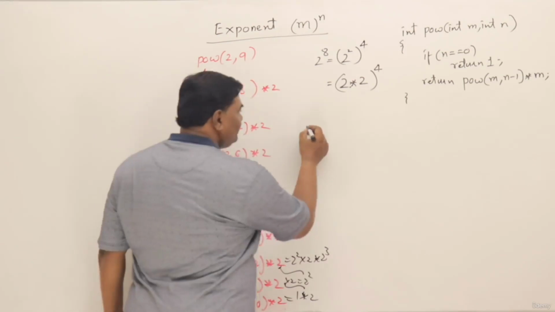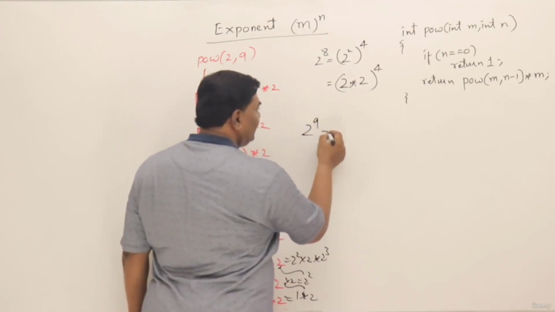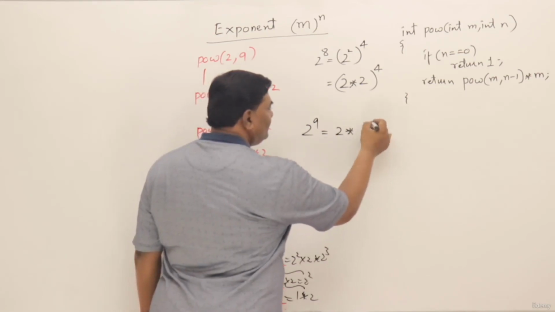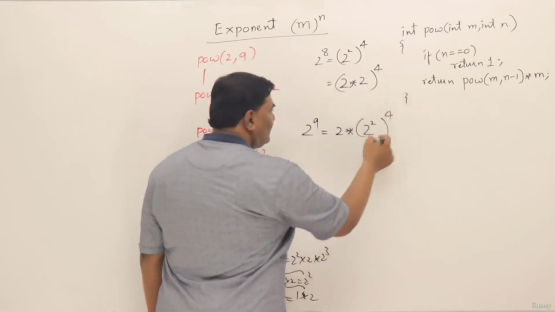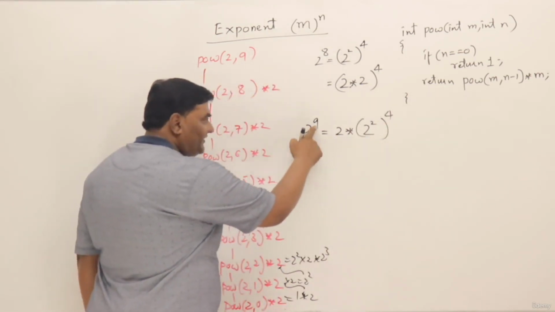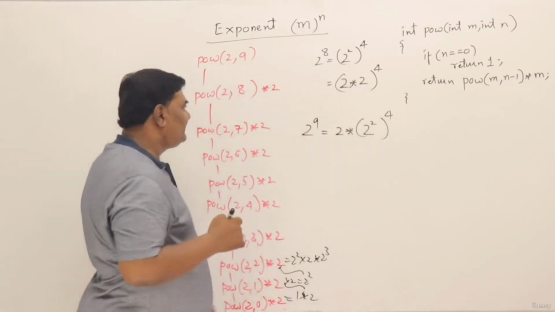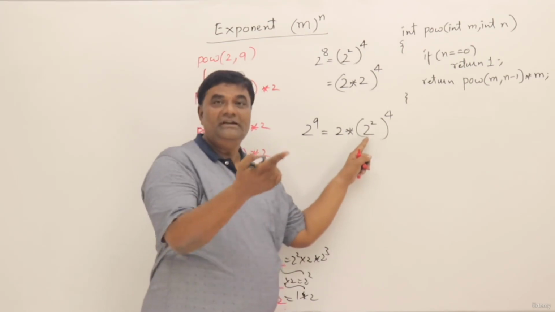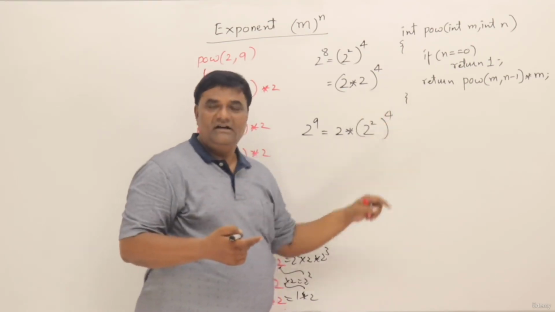And suppose it is 2 power 9, then this can be written as 2 into 2 square power 4. Because it is odd, we can't directly halve it. So first I take one 2 out, and make the rest 2 power 8 again, so I can halve it.